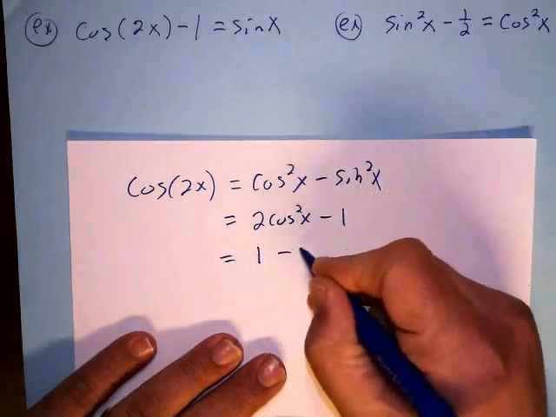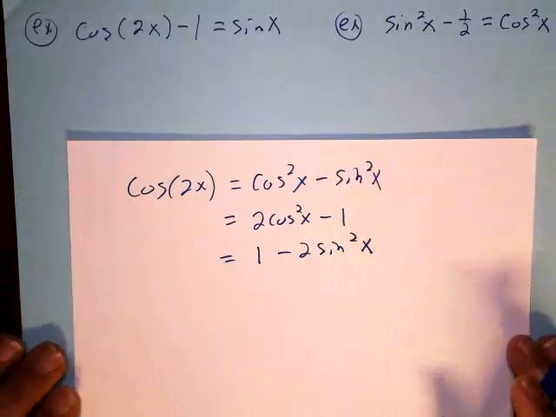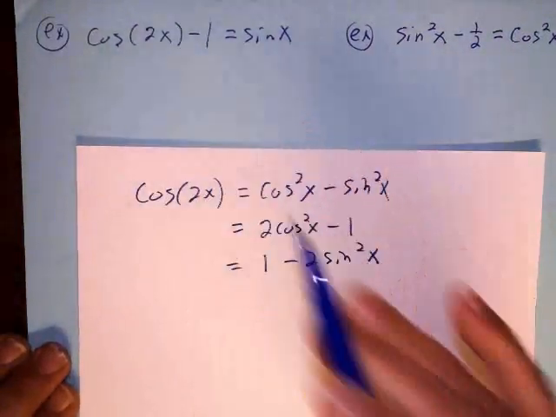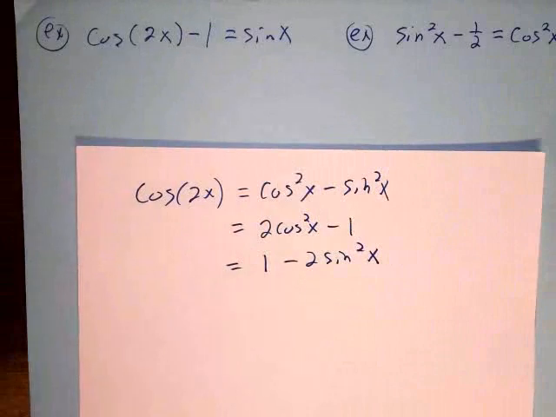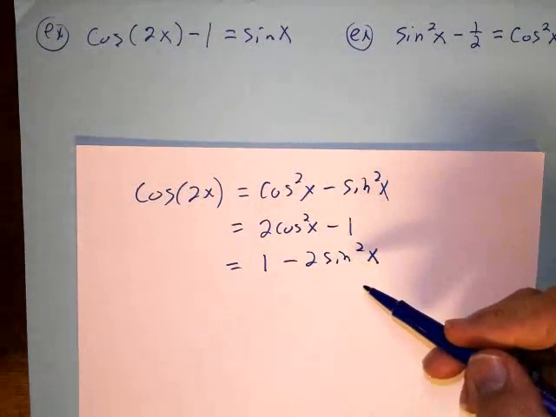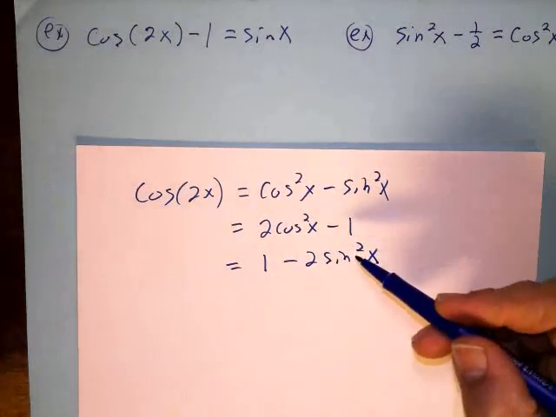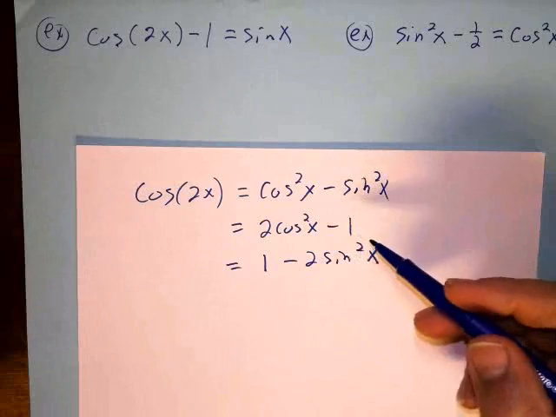It could be 1 minus 2 sine squared x. Okay, so you have these three possibilities. So what you have to do is look at this and decide which one of these would be most helpful. And you could maybe pause the camera and try each one and see which one helps.